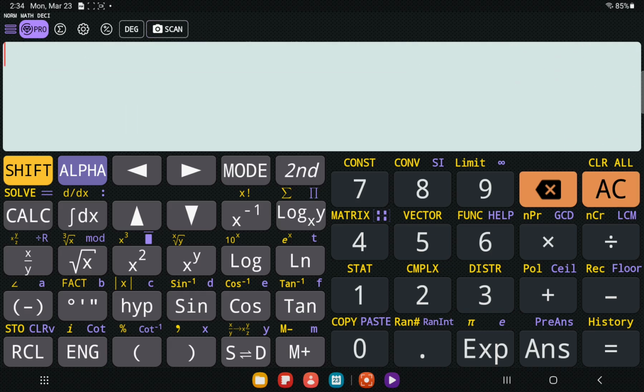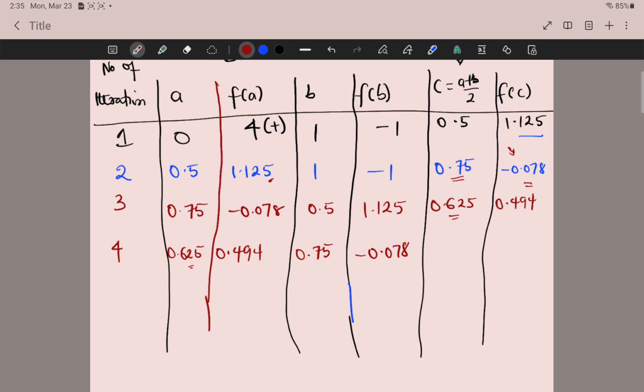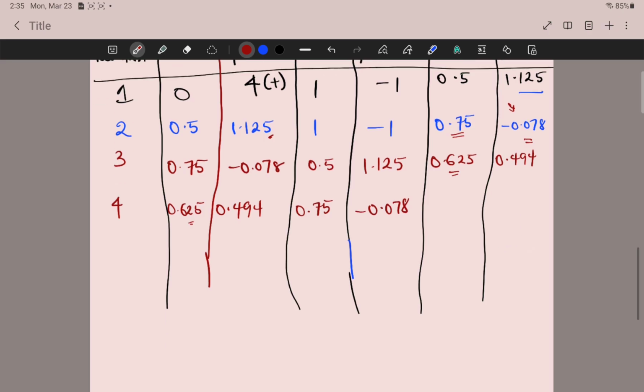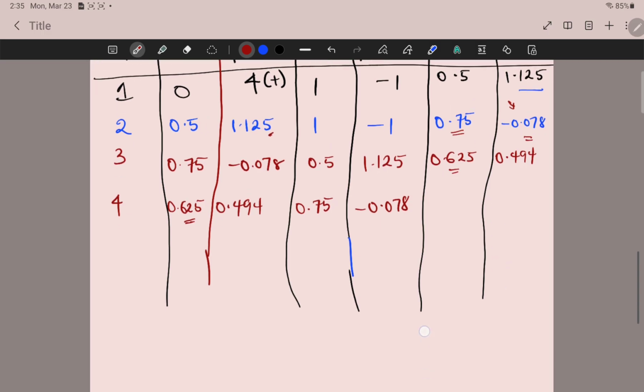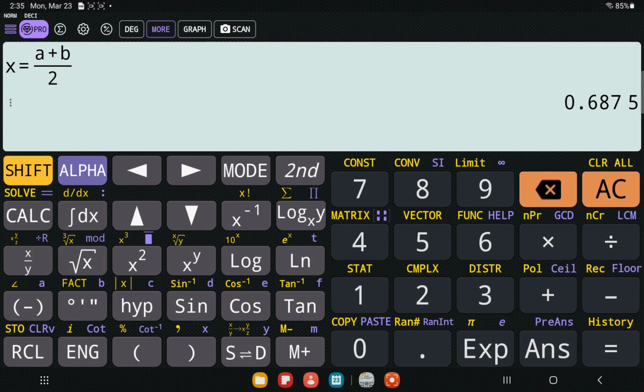There is a mistake, sorry. So back to what I was doing. Our A is 0.625, our B is 0.75. So you come here, A, calc for me at A 0.625, B 0.75.